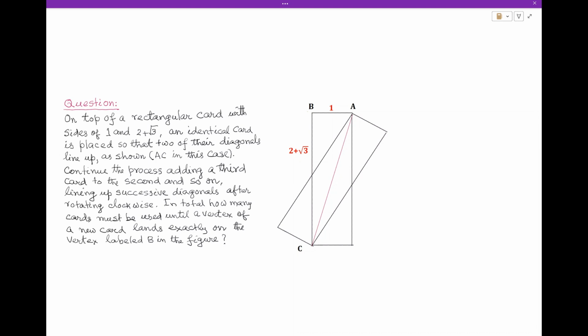Continue the process, adding a third card to the second card and so on, lining up successive diagonals after rotating clockwise. In total, how many cards must be used until a vertex of a new card lands exactly on the vertex labeled B in the figure?